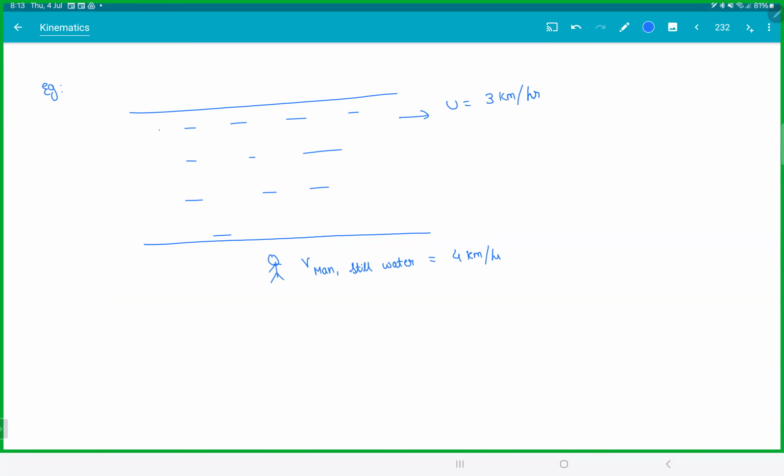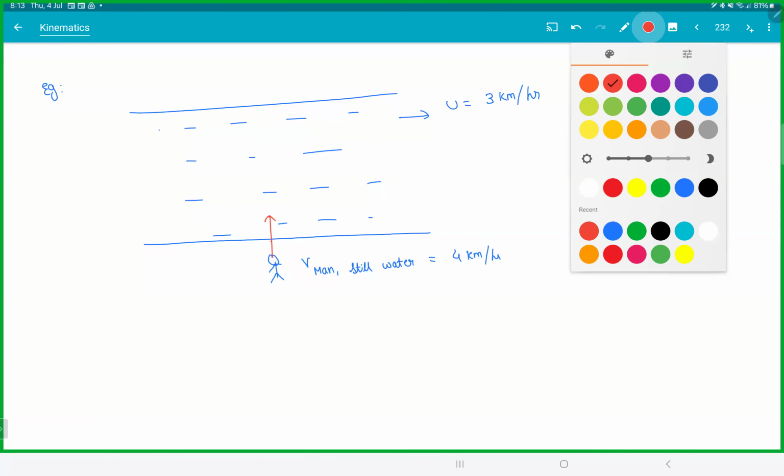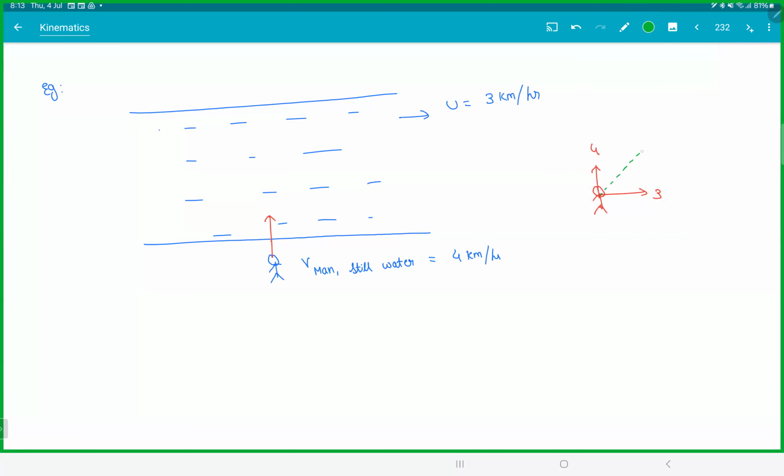We have a case like this, we'll see later on, just an example. Let's say this person decides to swim straight. With his own effort he is trying to swim with 4, and the river is pushing him with 3 this way. That means in reality, this guy won't go straight, he will actually go at an angle at 5 kilometers per hour.